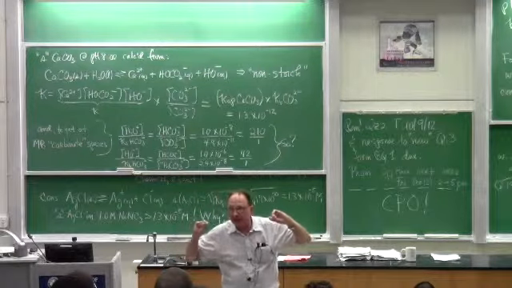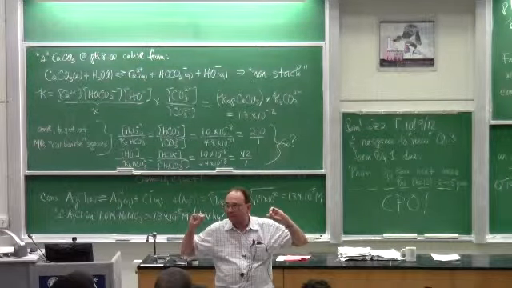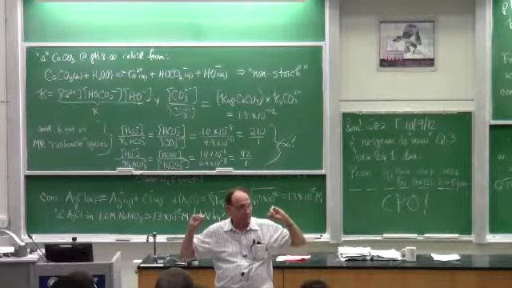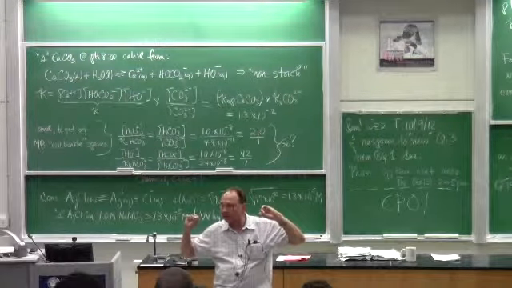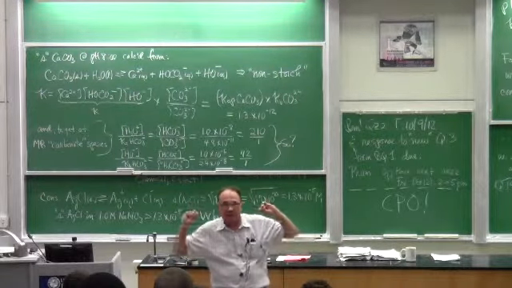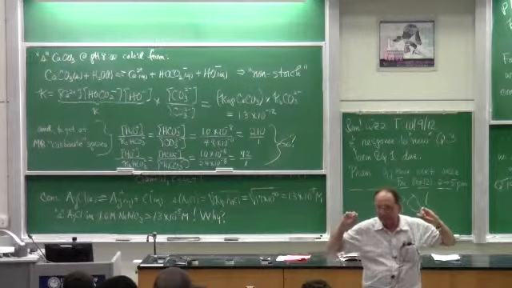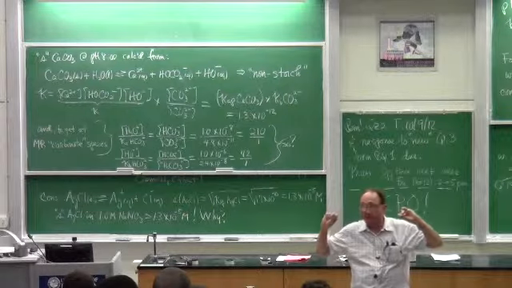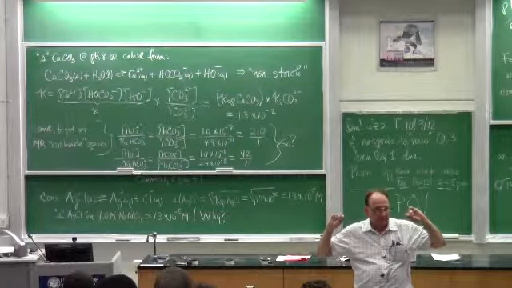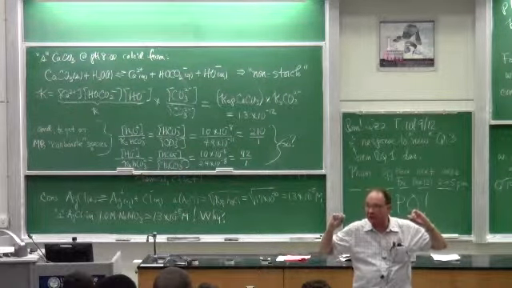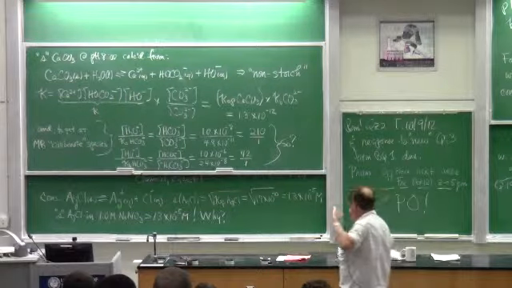Because when bicarb behaves as a base and reacts with water, we make hydrated CO2, quote-unquote H2CO3, and hydroxide ion. So we've got the reaction equations we need to get at material balance for all possible forms of carbonate ion.